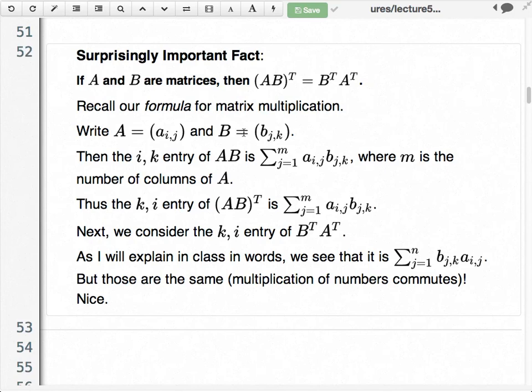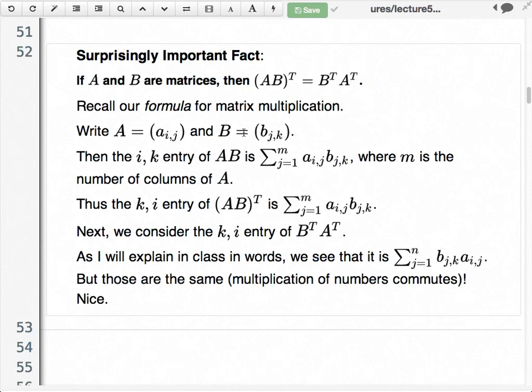I'll write it very slowly and carefully, one step at a time: the i, j entry of B transpose. We'll write down a formula for that in a minute, but let's do this really carefully. And then the other matrix, A transpose, will take the j, k entry.